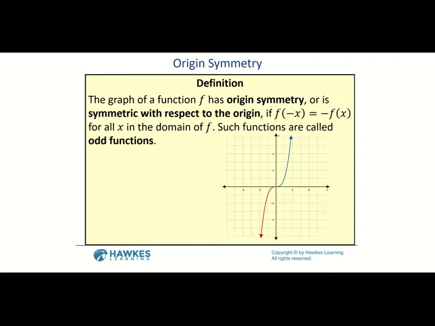All right, next we are going to talk about origin symmetry. A graph can have origin symmetry, so it's symmetric about the origin.